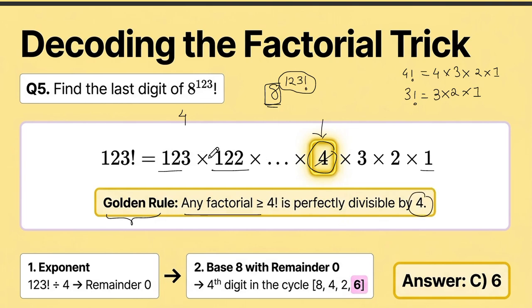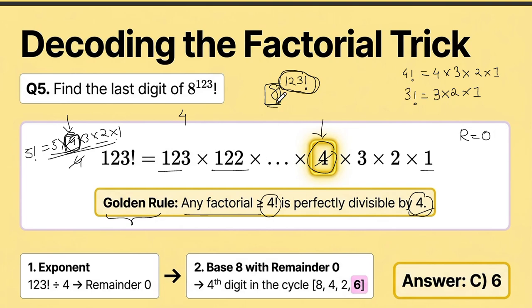Suppose 5 factorial: 5 into 4 into 3 into 2 into 1. It contains the digit 4, so when you divide by 4, this 4 and 4 will get cancelled. So any factorial greater than or equal to 4 factorial must be divisible by 4. So this 123 factorial is completely divisible by 4, that means the remainder is 0.